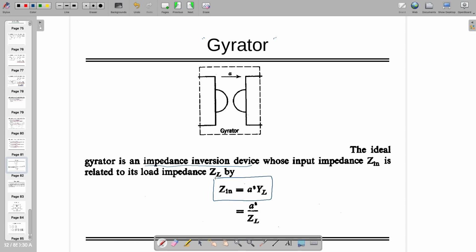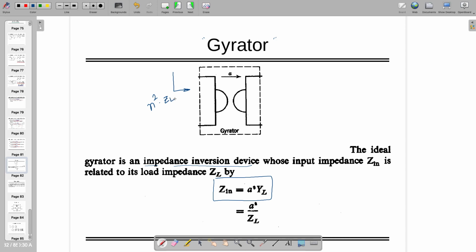Zin is equal to a square times YL, or a square divided by ZL. It's not a transformer, by the way, where if you are looking into a transformer, it's going to see n square times ZL, right?